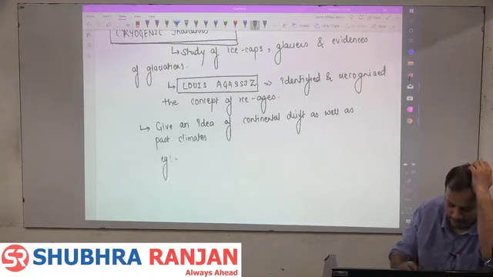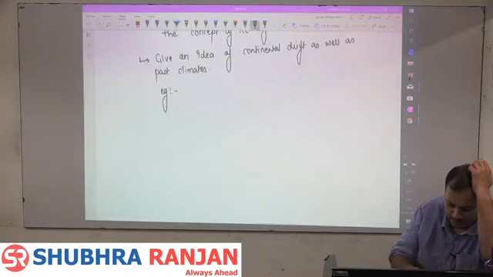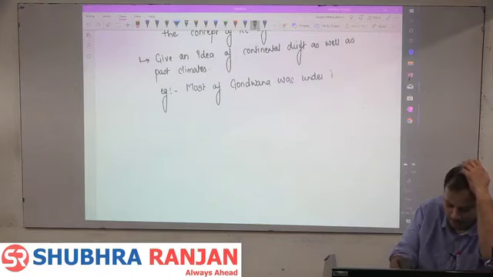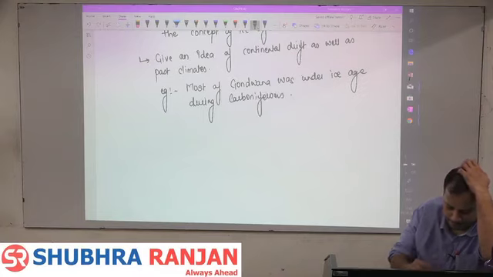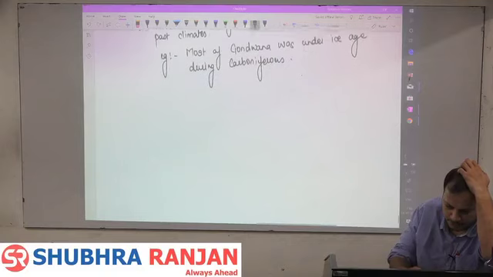Example, most of Gondwana was under ice age during the Carboniferous.